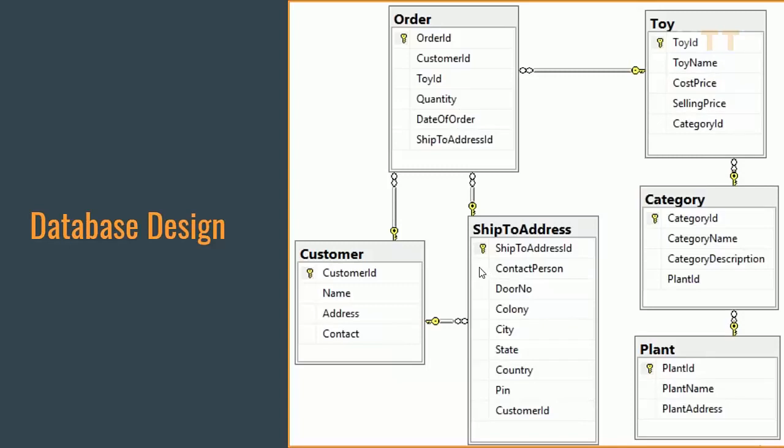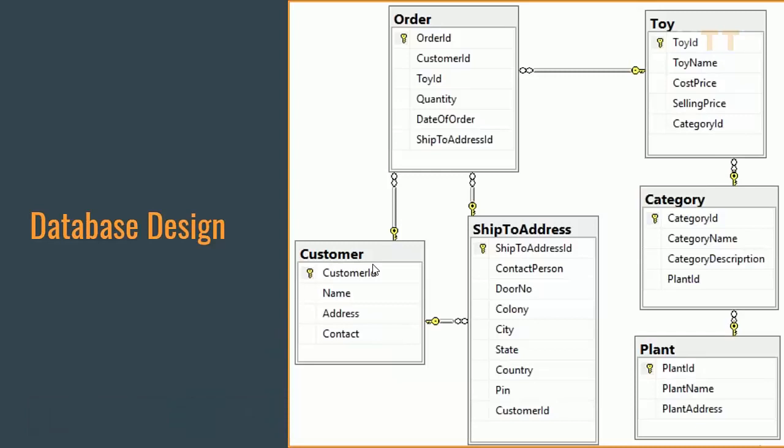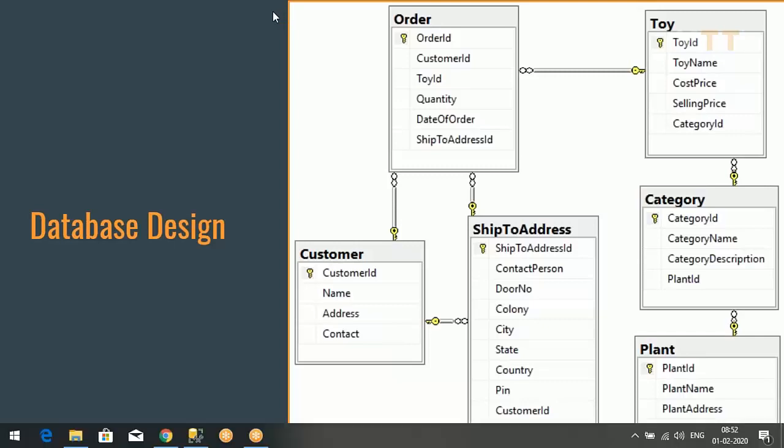So now I need to write a join on how many tables? 1, 2, 3, 4, 5, 6 tables. Have you understood the assignment?